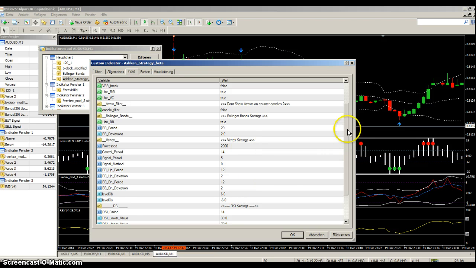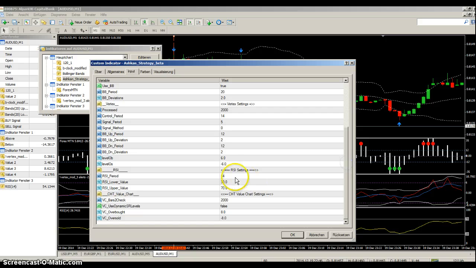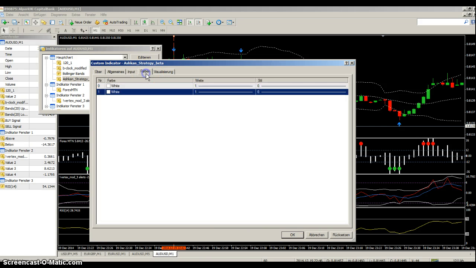These are default settings, and we have the RSI settings as mentioned in the strategy, and value chart settings to 8 and -8 to give us the same signals as the Forex MTM. Okay, good.